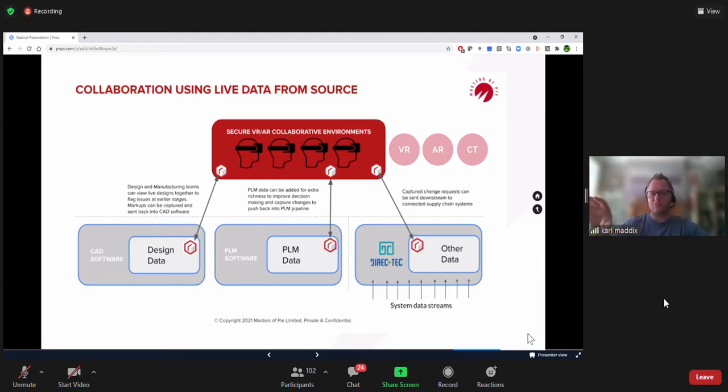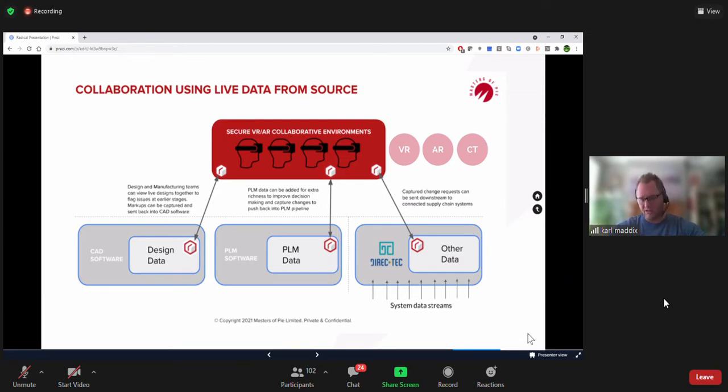Those places that have already been established within enterprises are our target platforms for direct integration. So our customers, our users can take Radical and integrate it directly, natively into those software platforms where that data resides. There's a couple of benefits to that integration, one of which is obviously access to the raw data at its most raw form.